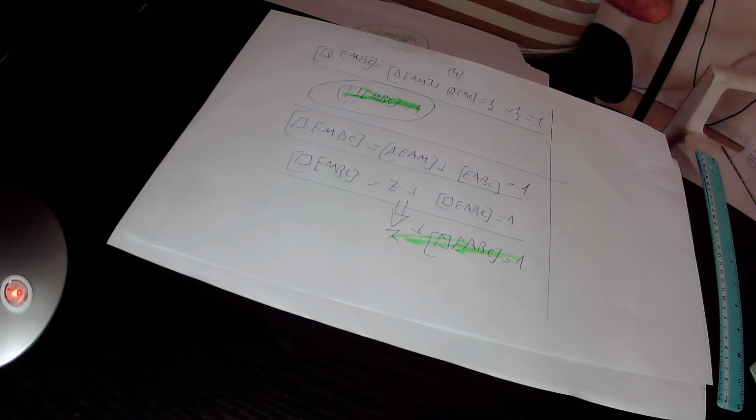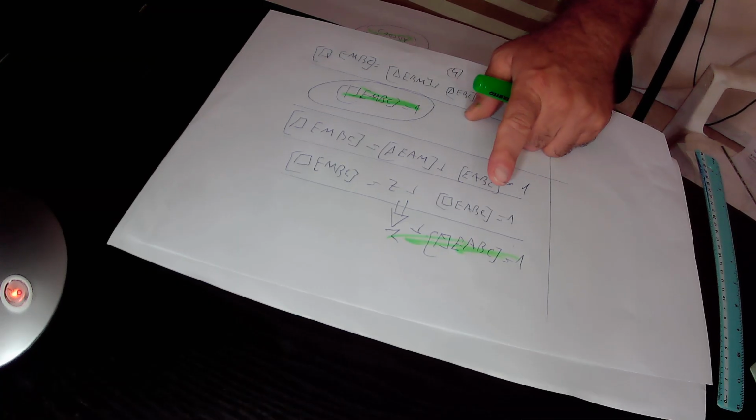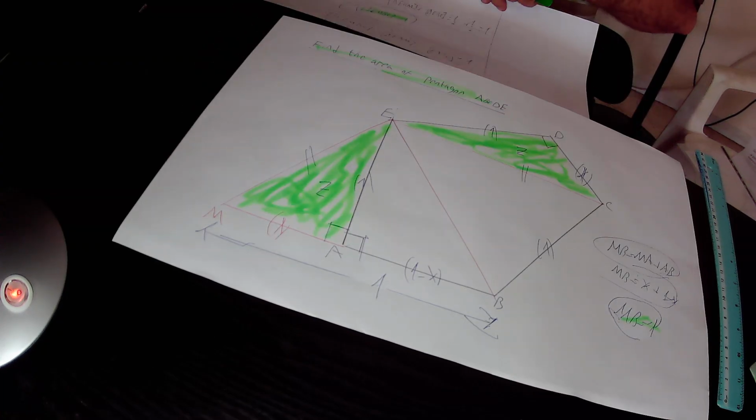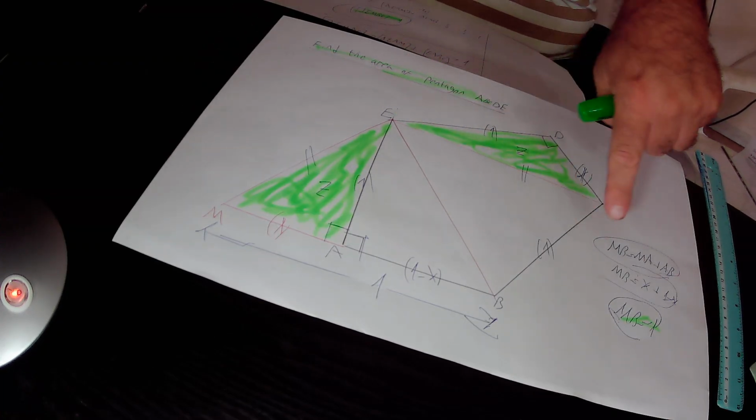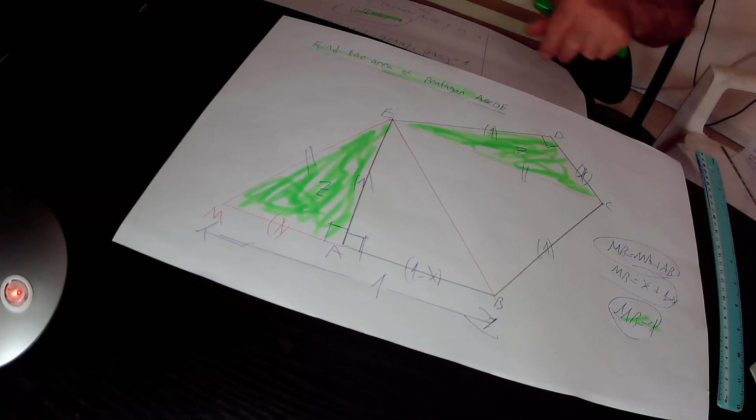So we found out that Z plus the area of quadrangle EABC equals 1.